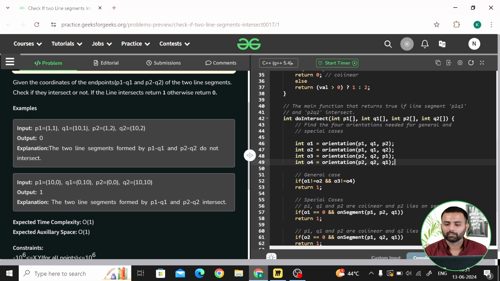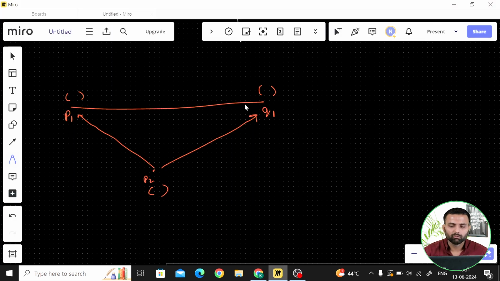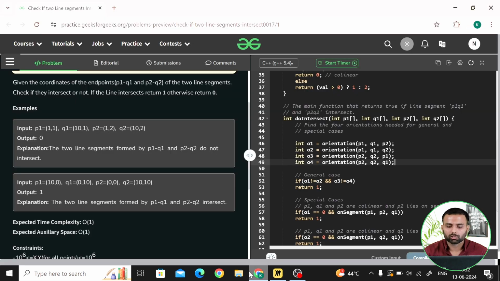So let's move to the orientation part. Let me clear. P1 Q1 will be your first line. Now here P2 is the first point of the adjacent line, any point. In the second part again we have P1 Q1. Now I'm checking another point in the O2 part, which is Q2.